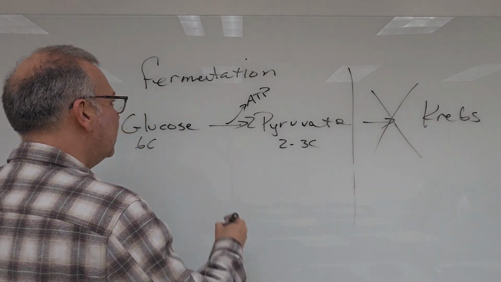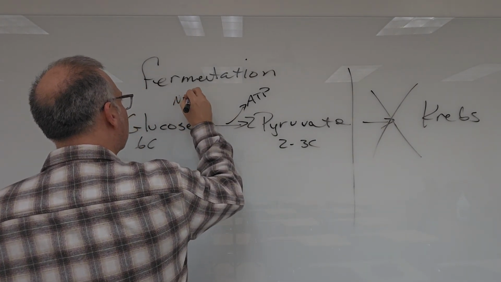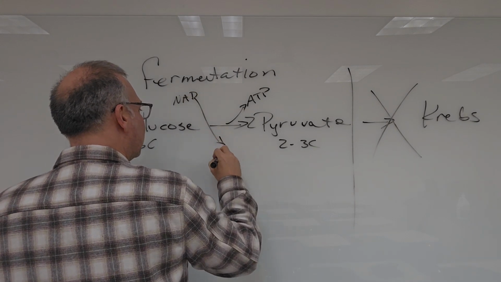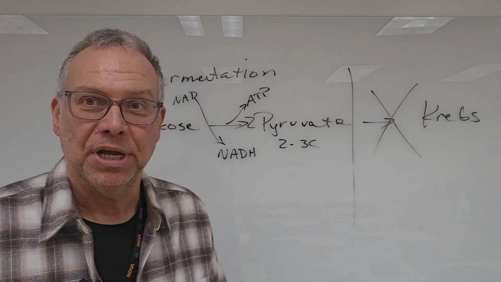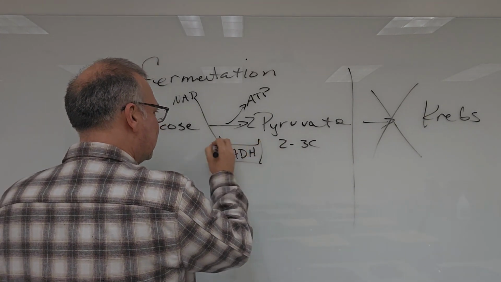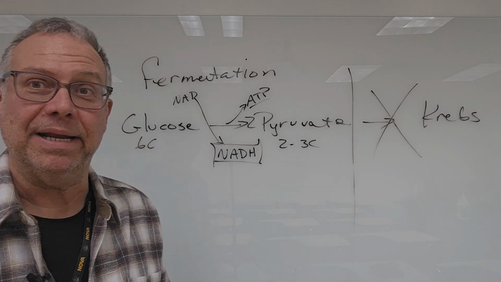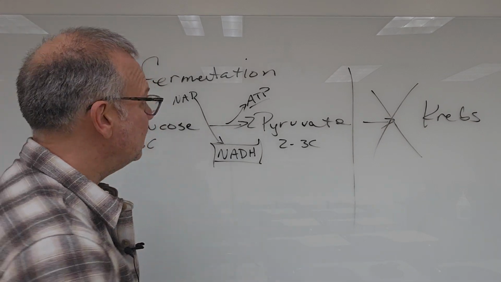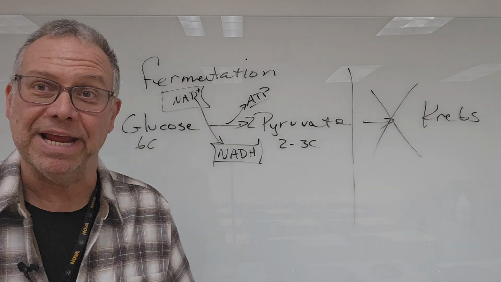So the problem with that, you make ATP right here a little bit, and that's all fine. The problem is that along the way to doing that, you take a molecule of NAD and you make a molecule from that of NADH. This here is produced before the ATP is made, which means in order to make the ATP, you have to have the NAD as a reactant.